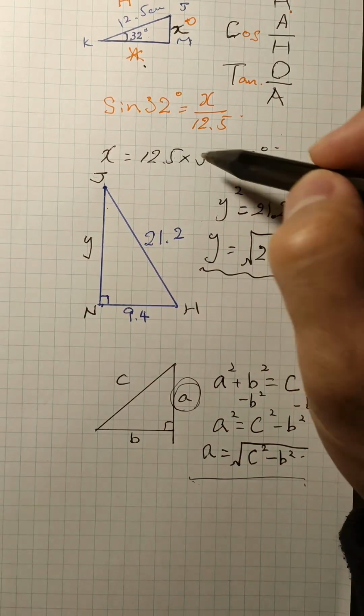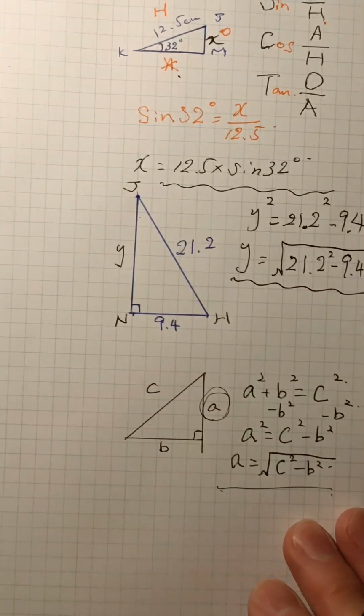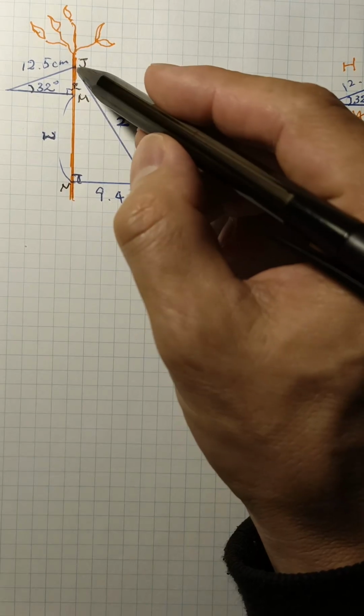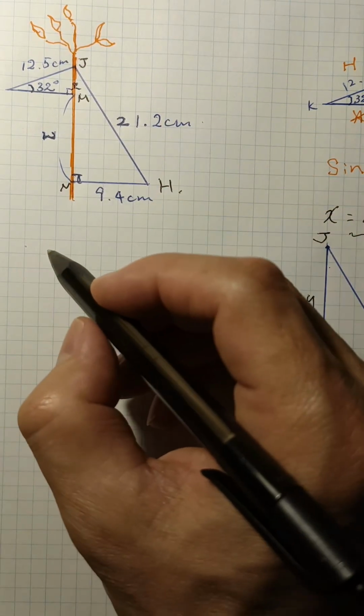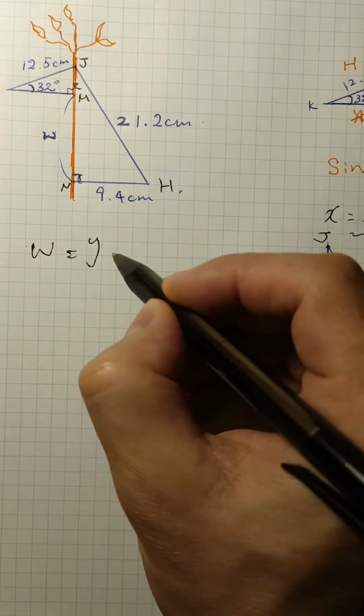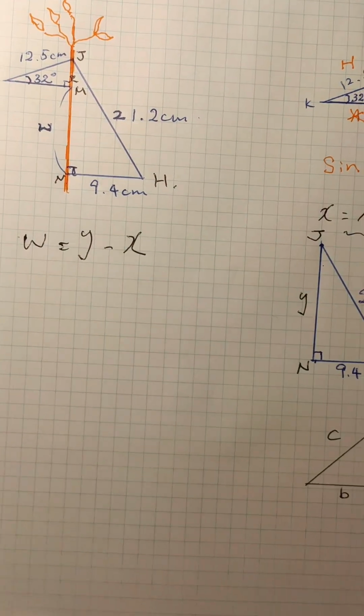This is x. So if you look at this one, from here to here is x, from here to here is y, which means W is y take away x, isn't it?